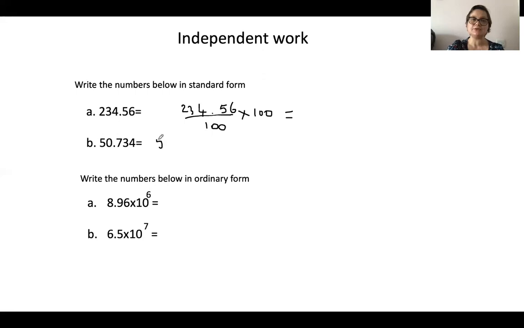So rewrite the number up top. The whole number is a fraction now. 734 divided by 10, and then times 10. Just like that. And then do the division by 10 and write it down here as a number. That is the a.